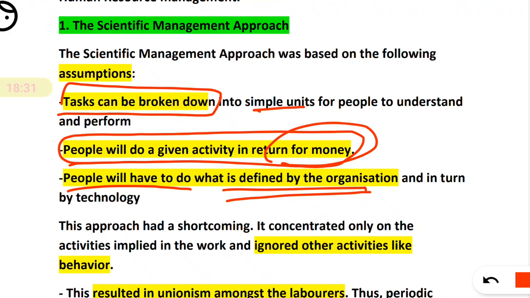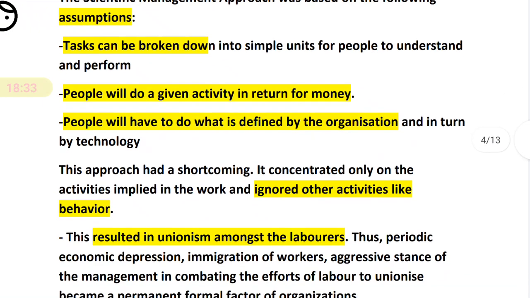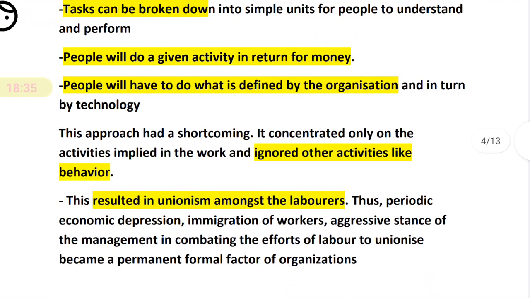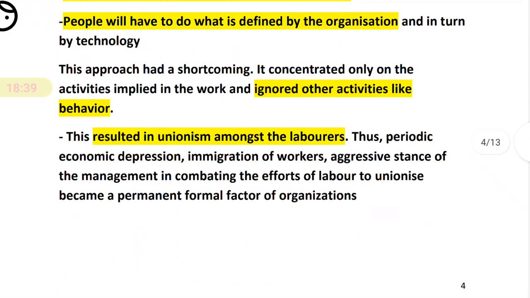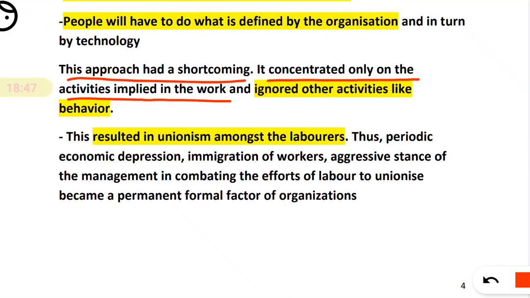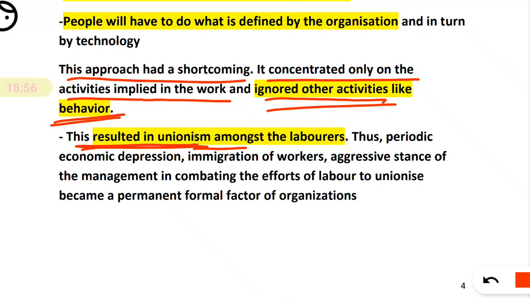Now we will discuss that approach in detail, whether it is fruitful or not. So see, this approach had a shortcoming. It concentrated only on the activities implied in the work and ignored other things like behavior. So this resulted in unionism amongst the labor.